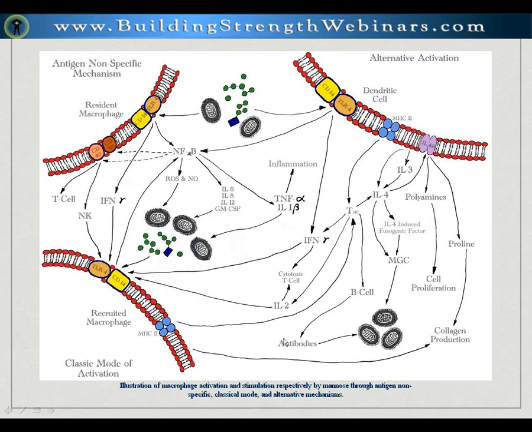And these T helper cells look for B cells that make antibodies, and they work together to select the right antibodies to attack and inactivate these bacteria.